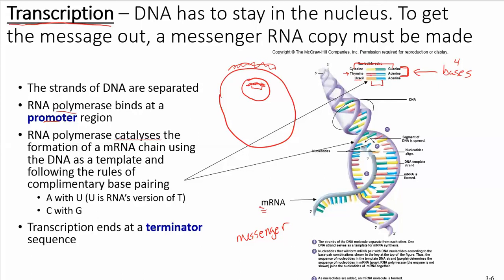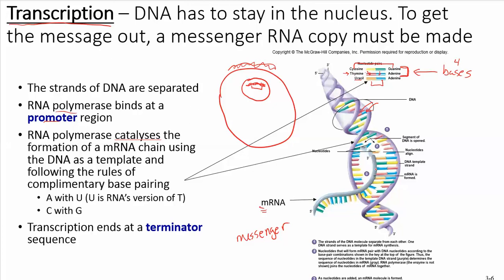So here we can see in the DNA, the red goes with the blue. This red right here goes with the blue, and we can see the red and the blue matching up together.